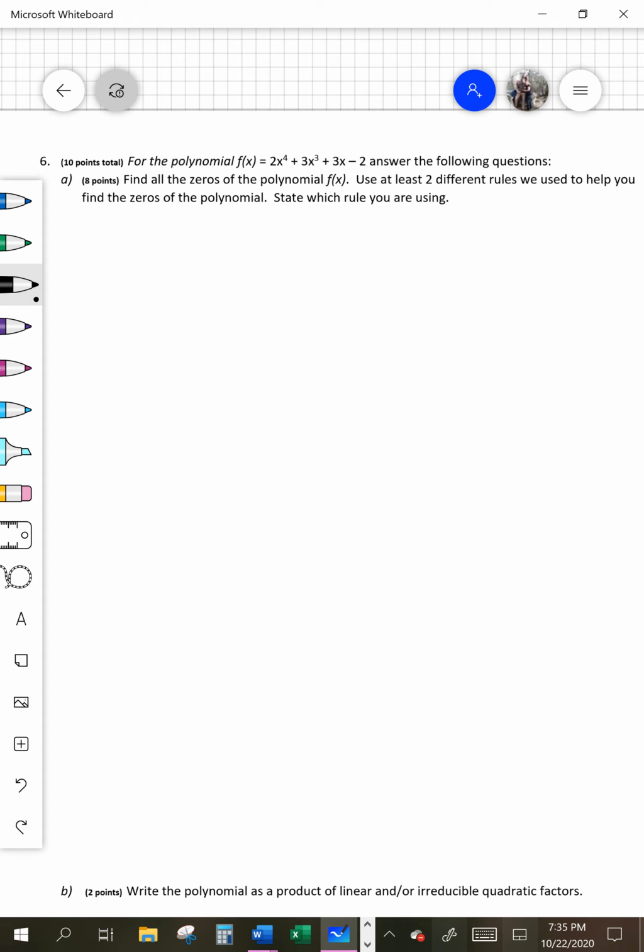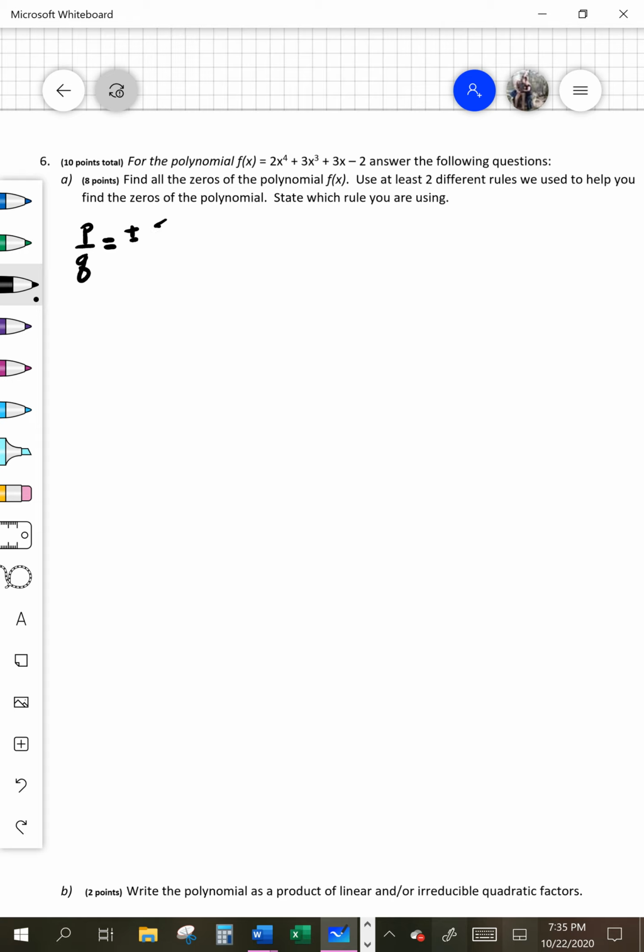And so I tend to like the rational zero theorem, which says if it's a rational zero of our polynomial, then it has to be in the form of p divided by q.